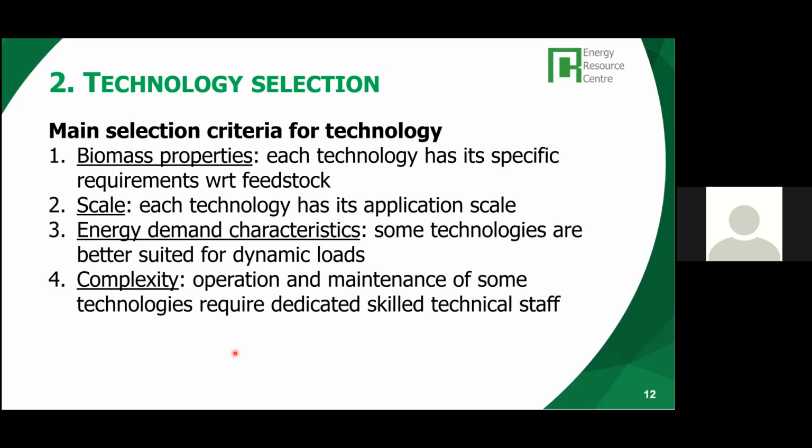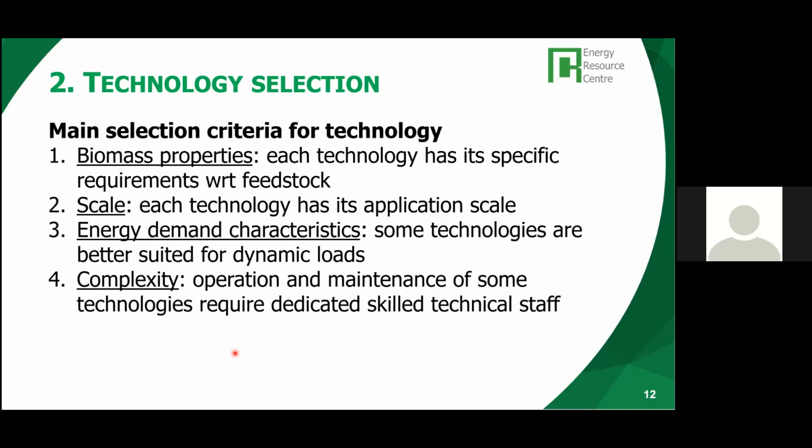We look at the characteristics of the energy demands, because some technologies are more suited for supplying energy in dynamic load conditions, very highly fluctuating electric loads in industry, for example. And a fourth potential selection criterion could be the complexity.